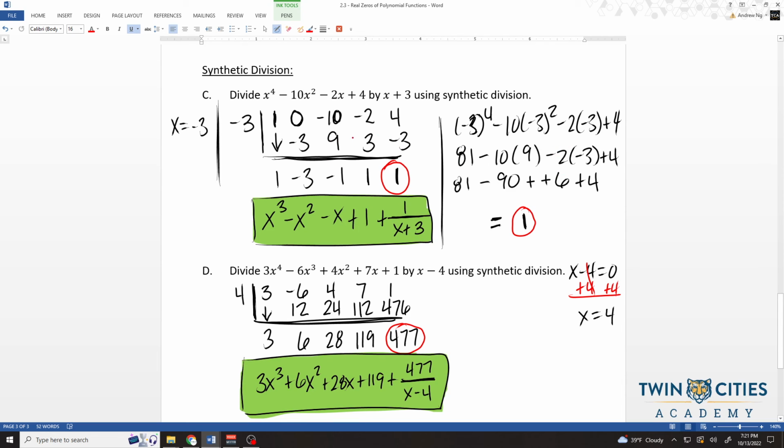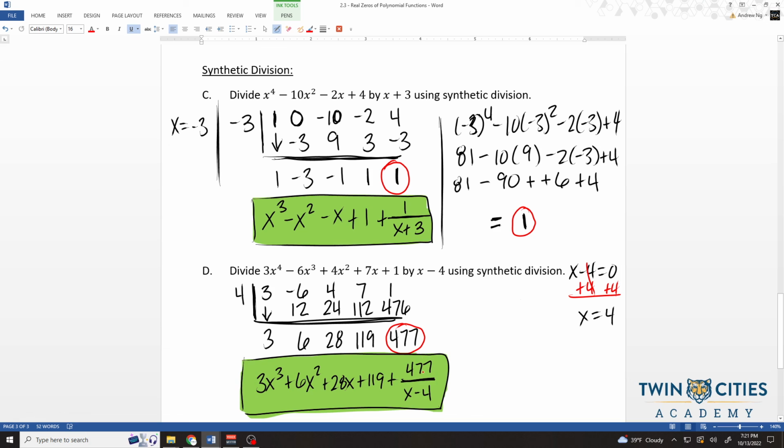And you're going to do this until you get the remainder, in this case 1, and that's going to show that it's the same as what you would get if you were to evaluate that function for x equals negative 3. I now know that this function, x to the fourth minus 10x squared minus 2x plus 4, has the point negative 3, 1 on it. I can graph that point now and confidently say, this point is on the graph of this function.